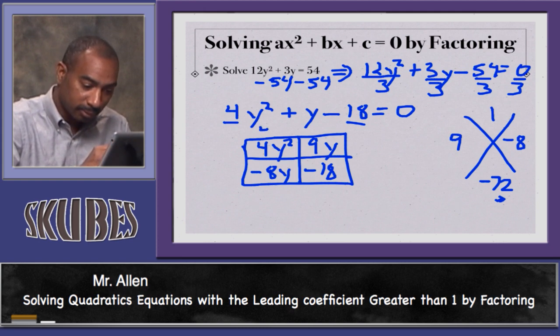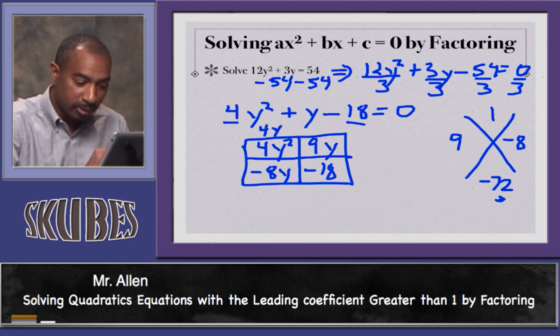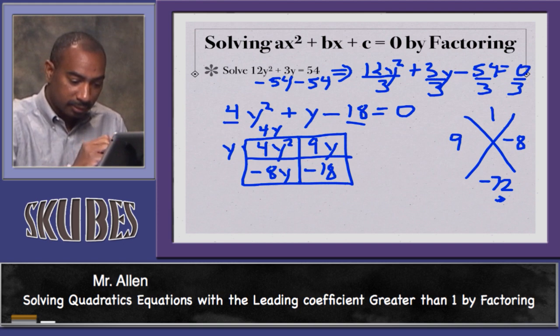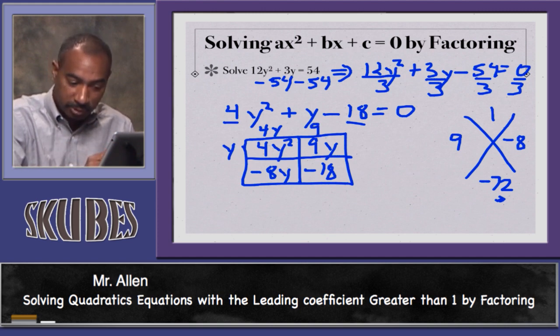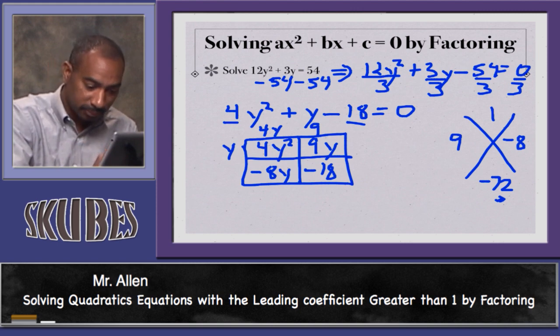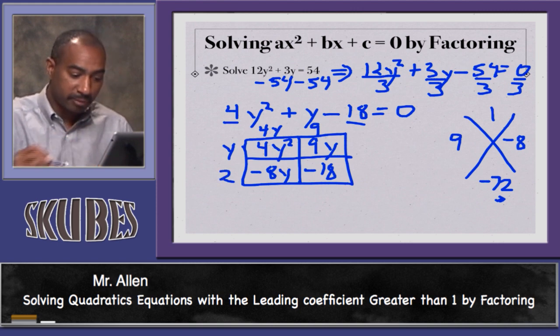That'll be 4y. And then what times 4y is 4y squared? That's just simply y. And what times y is 9y? That's just simply 9. If I take the greatest common factor between negative 8y and negative 18, that's just simply 2. And I have my factors.